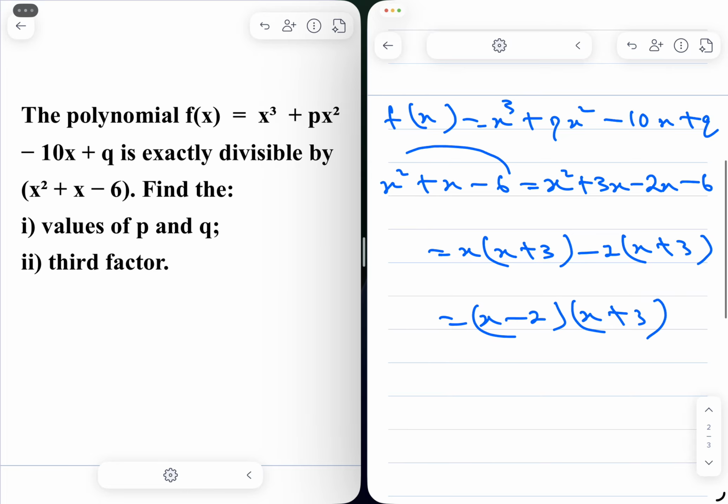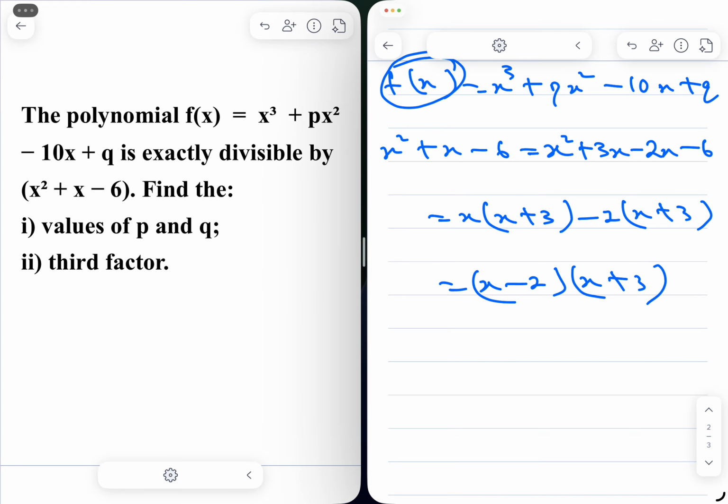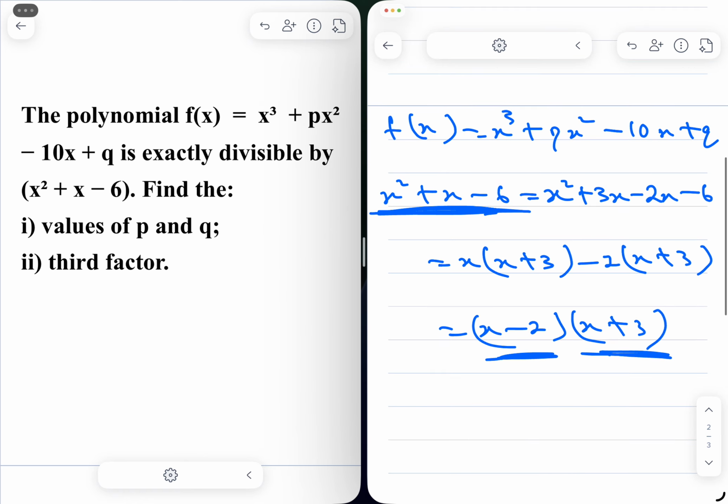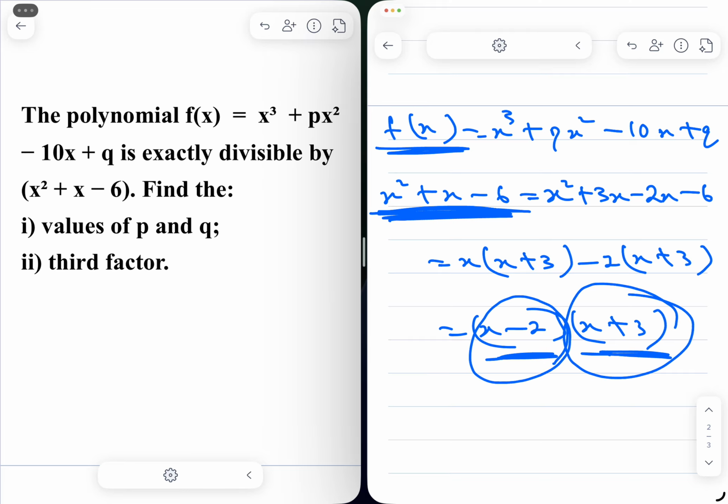So if x squared plus x minus 6 is a factor of f of x, that means if you factorize x squared plus x minus 6, the factors will also be factors of f of x. x minus 2 and x plus 3 are factors of x squared plus x minus 6. Since x squared plus x minus 6 is a factor of f of x, that means x minus 2 and x plus 3 are also factors of f of x.